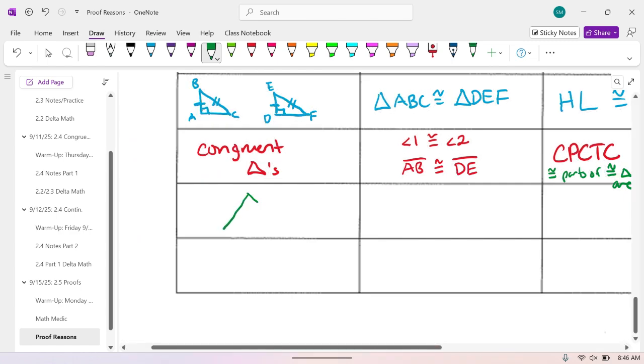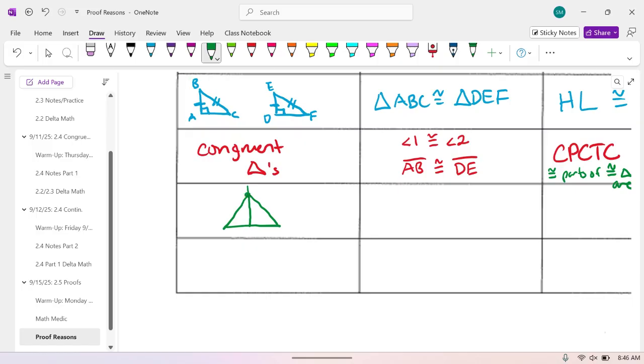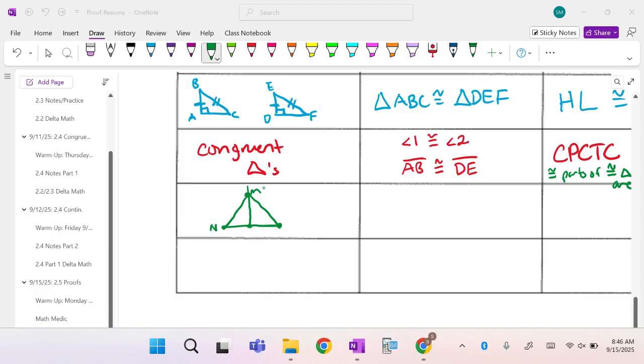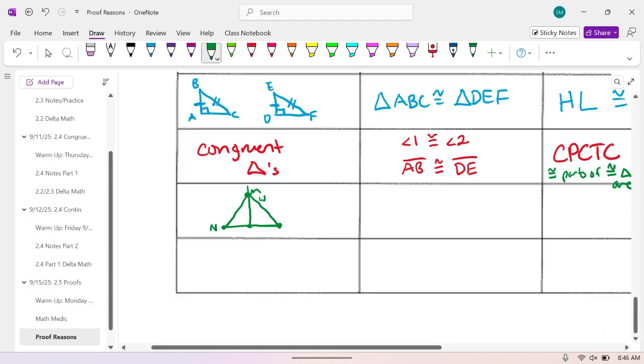So now we have this triangle here. It's cut by, let's say, this line.